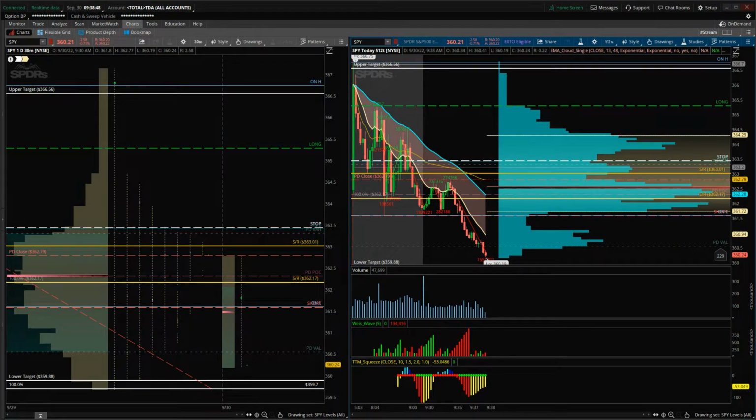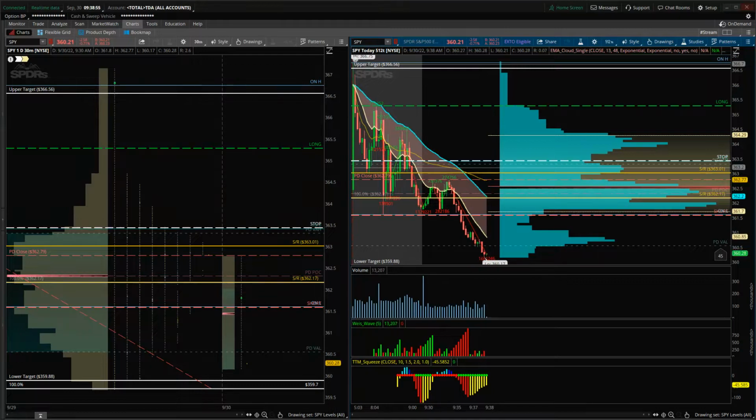So you can see on our profile, on the left-hand screen, our point of control is starting to migrate down. Market is definitely in a move at the moment, and we're going to be seeing what happens when we get down to that low.